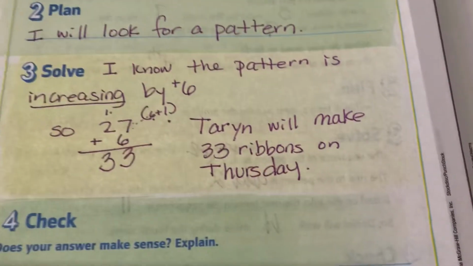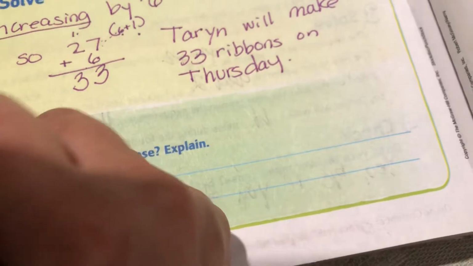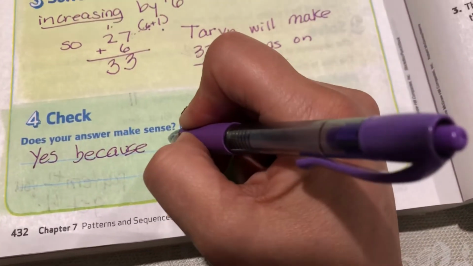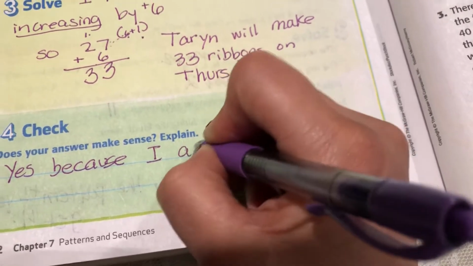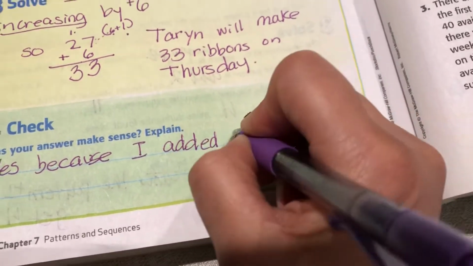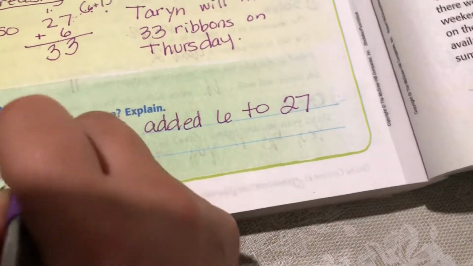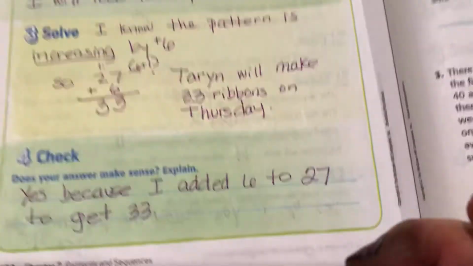Okay, did you guys see how we did that? All right, does your answer make sense? Yes, because I added 6 to 27 to get 33. Okay, so there it is.